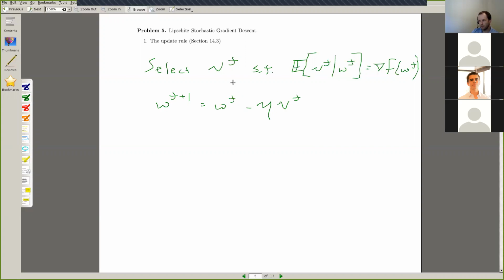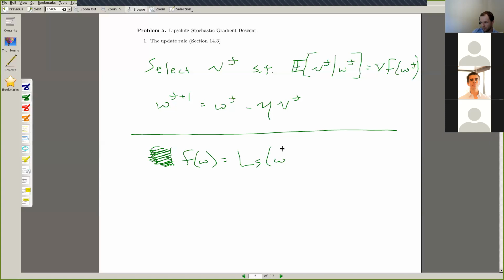So the real difference between this formula and the gradient descent formula is that instead of having the gradient of f right here, we have some random variable which in expectation is equal to the gradient of f. For most learning problems, for most data mining problems, we set f of w equals the training loss of w plus lambda r of w.